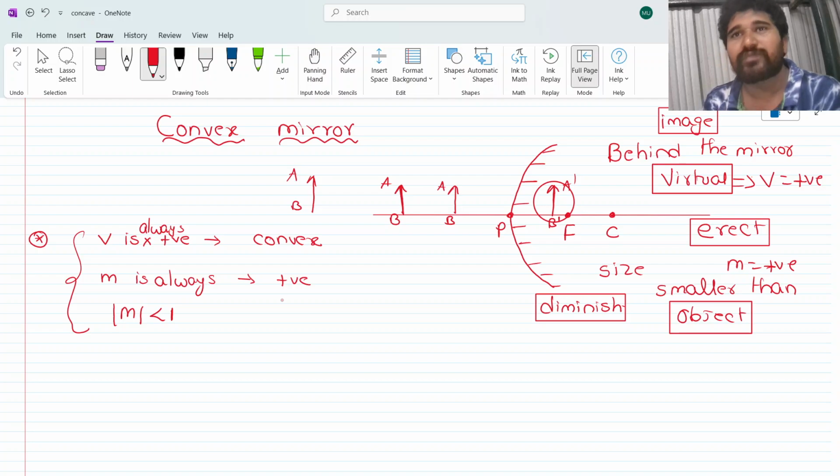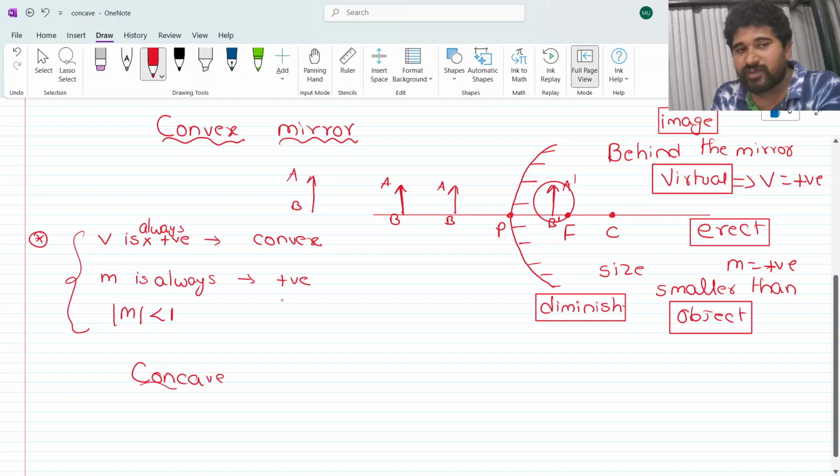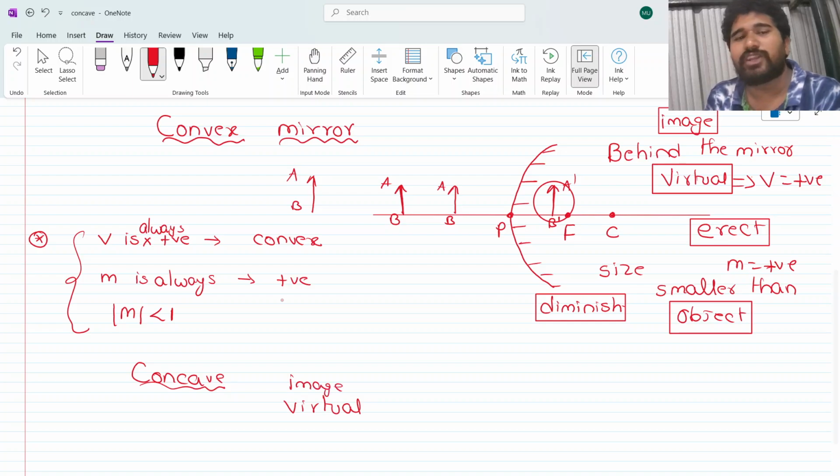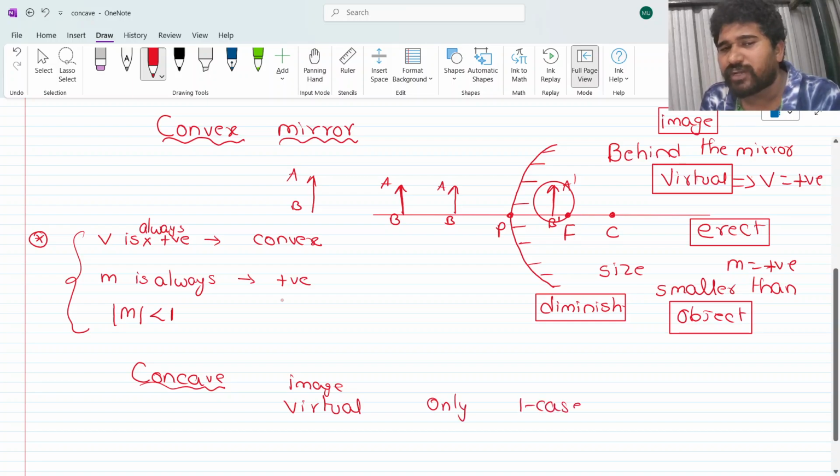Clear for everybody? So, if you remember concave, there is one case where you will get a virtual image. The image will be virtual only in one case. What is that one case?